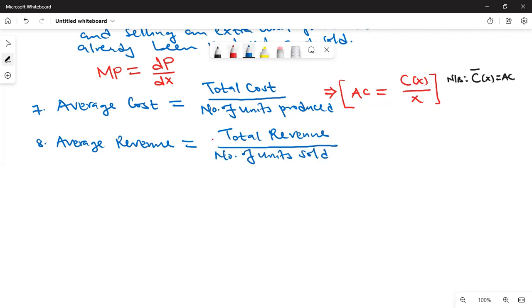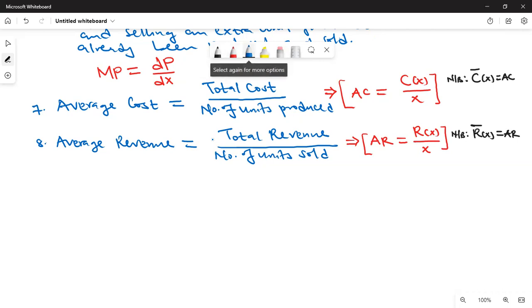And so we are saying mathematically that average revenue is simply equal to the revenue function divided by the number of units that you have sold. And in some books, you'll find them using R of X bar. So take note, when you see R of X bar, this is the same as average revenue.